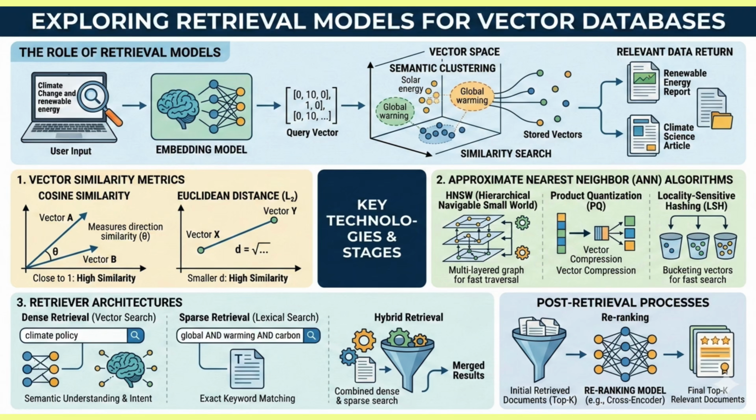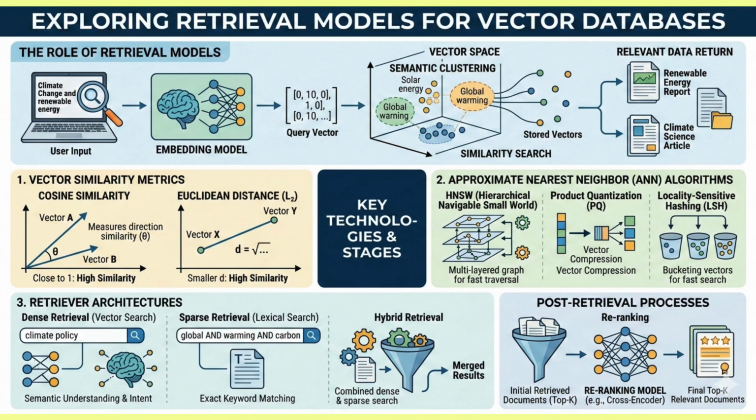It excels at understanding conceptual meaning and user intent, even if the query uses different words than the stored data. Then we have sparse retrieval. This involves traditional keyword-based methods like BM25 that search for exact term matches. It's fast and precise for specific technical queries but lacks semantic understanding.